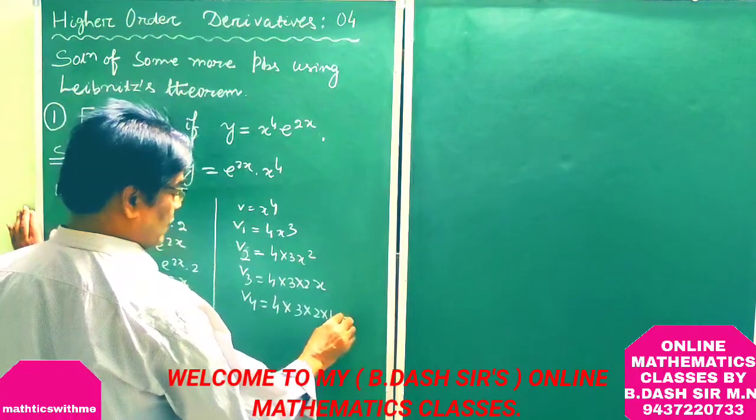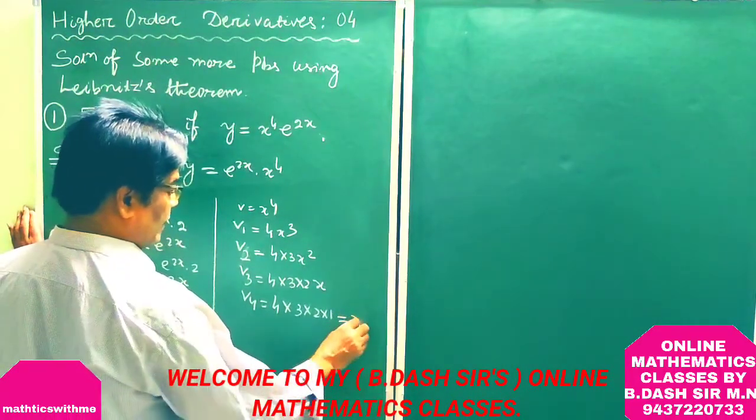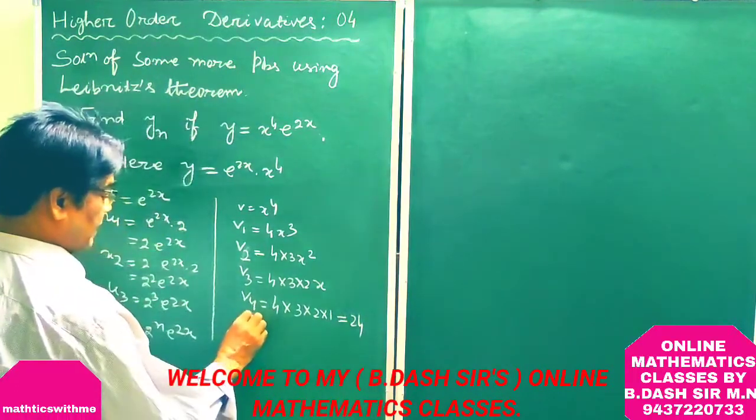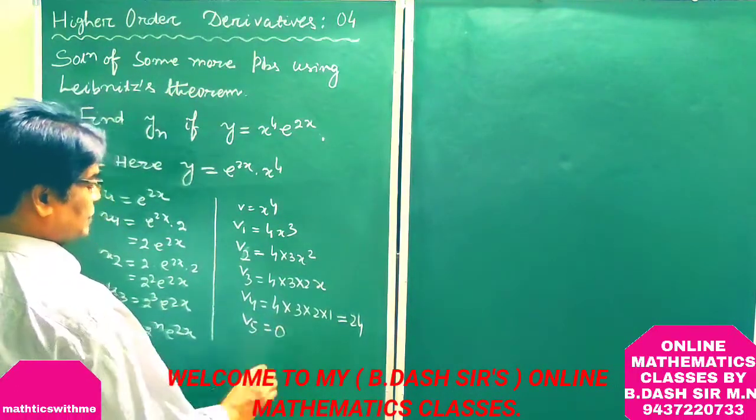So this is equal to 24. v5 is equal to 0.